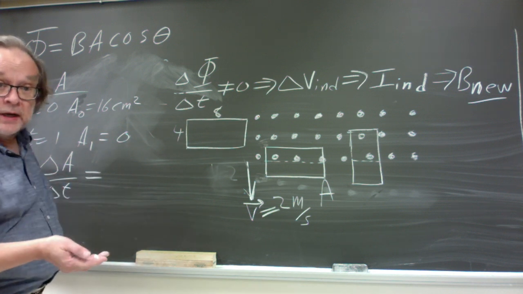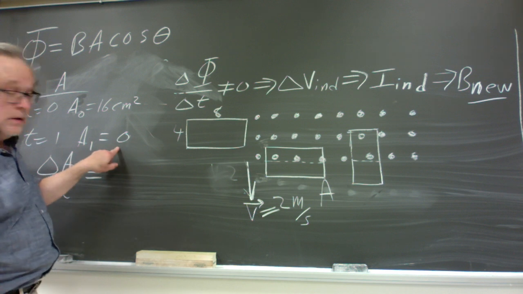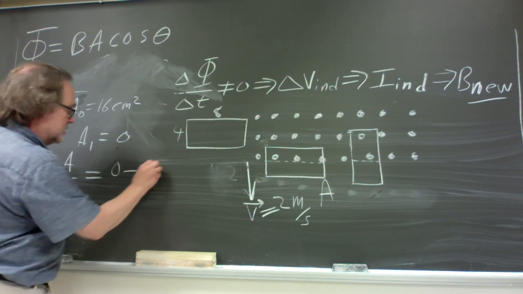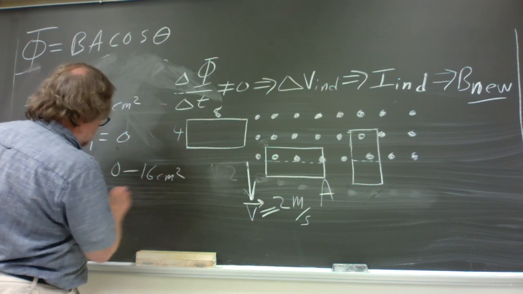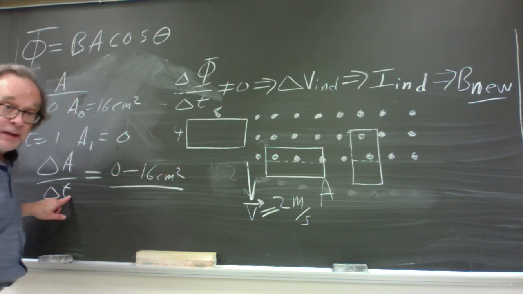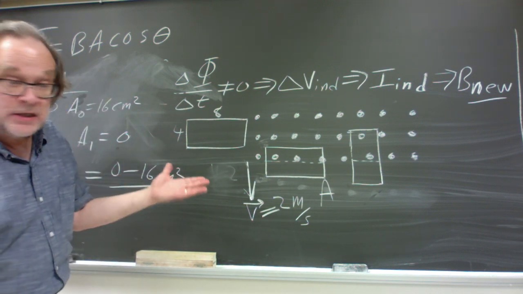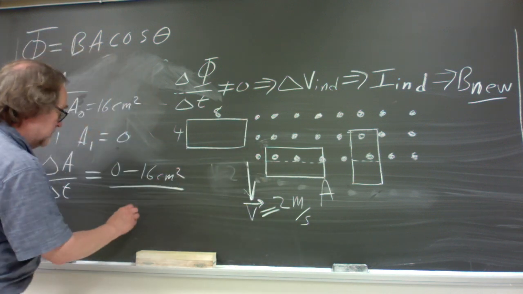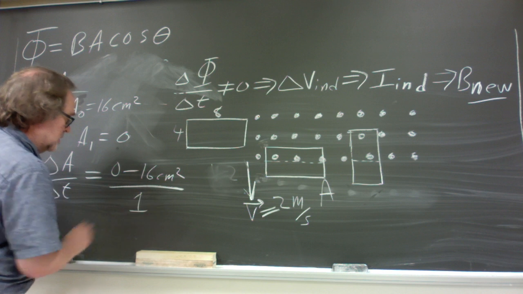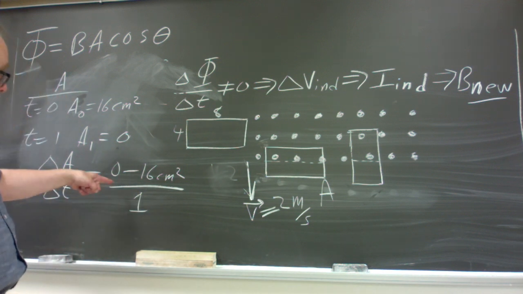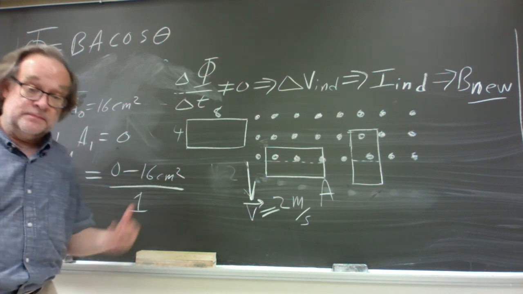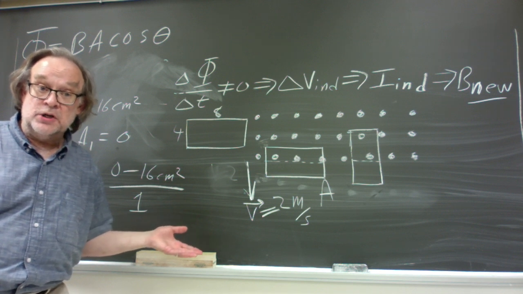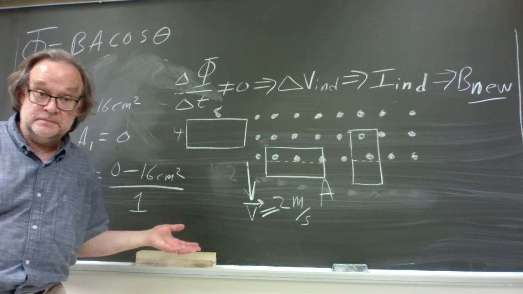It's final value minus initial value. Final value is 0, and the initial value is 16 square centimeters, and the time it took to make that much change was 1 second. This thing fell 2 centimeters in that 1 second. So, in this case, the rate of change in the area is negative 16 centimeters per second.